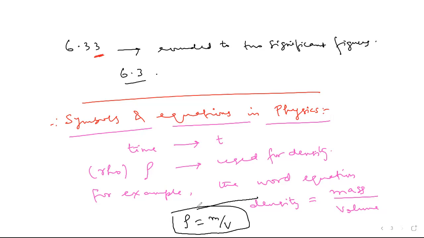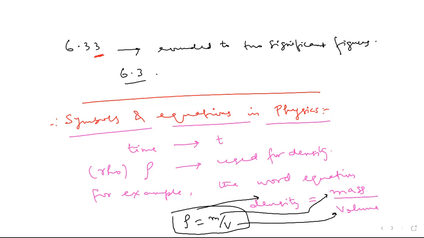Rho represents density, m represents mass, and v represents volume. You can see from this equation rho equal to m over v that the SI unit of density is kilogram per cubic meter, right?